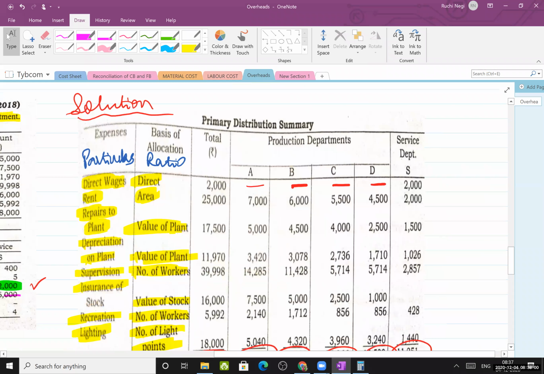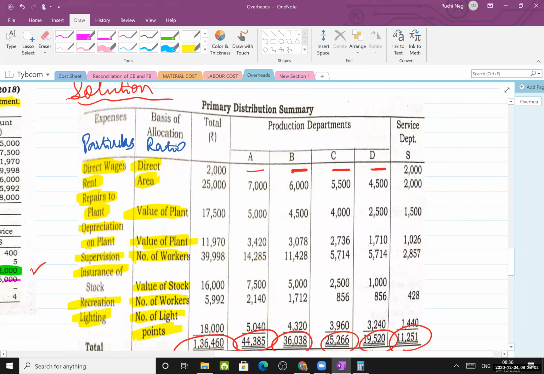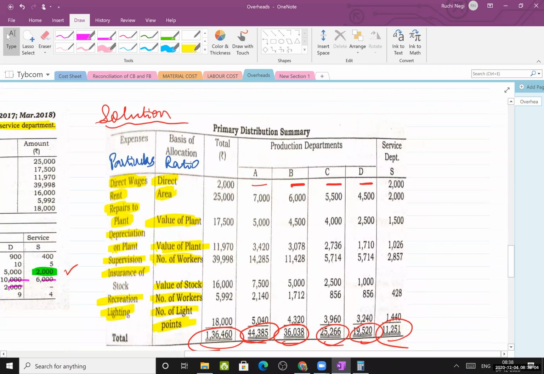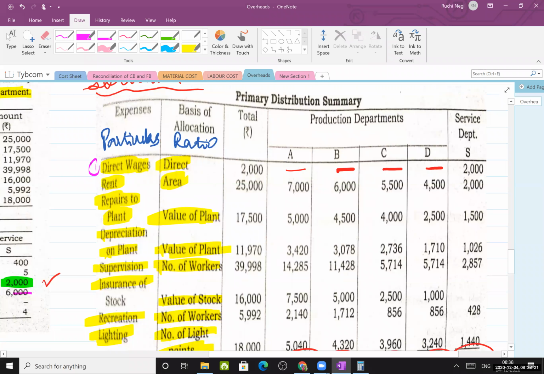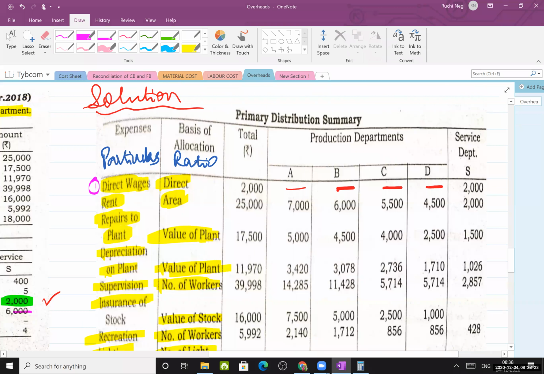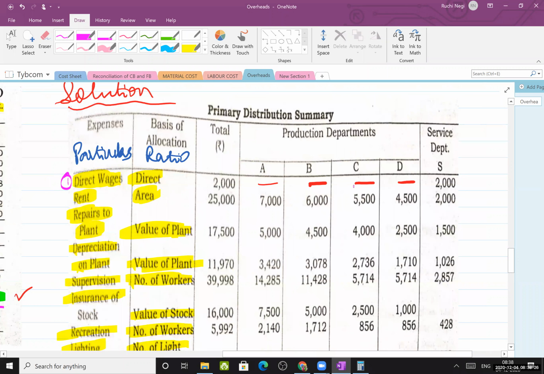Now see the question, the sum. Okay, right, so this is the sum. So direct wages, one direct wages. So see, production department it is not there, but service department it will come. Then rent, which ratio? Floor area ratio.